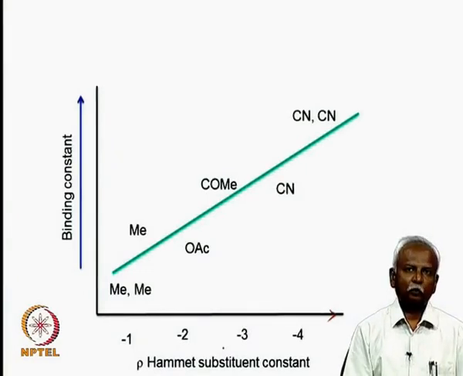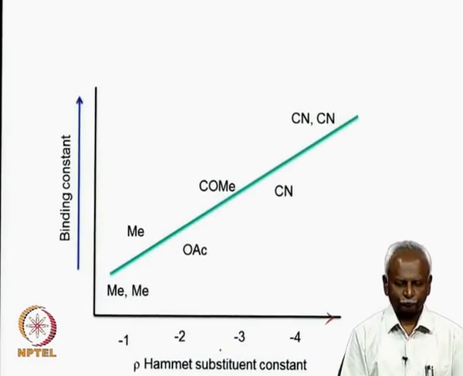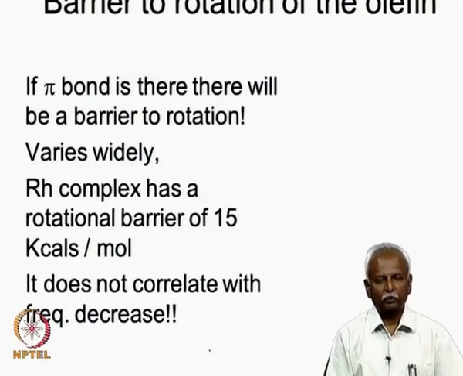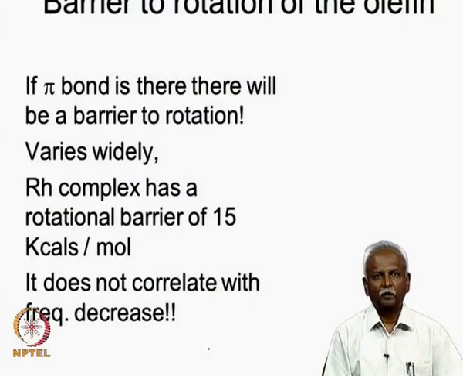So, there is a positive correlation between the two of them. So, the barrier to rotation is proportional to the extent of pi interaction. In general, you have better barriers to rotation when you have zero oxidation state metal complexes.